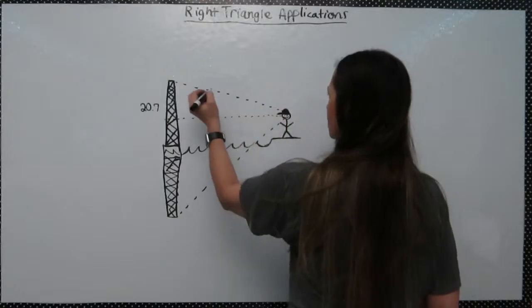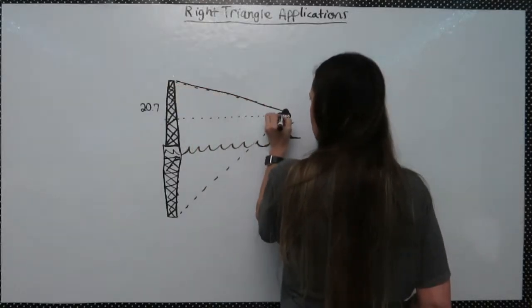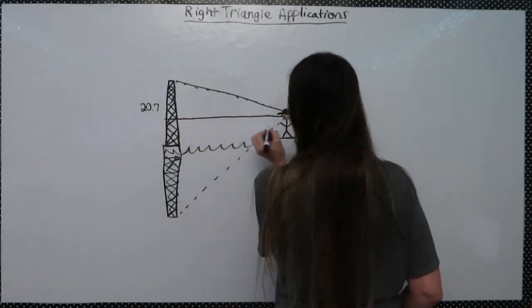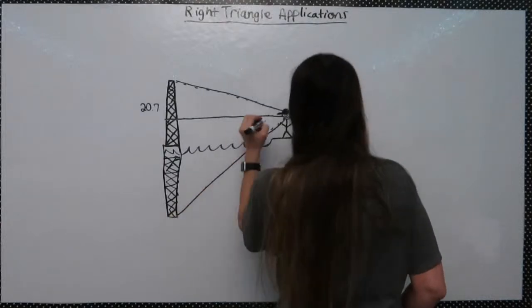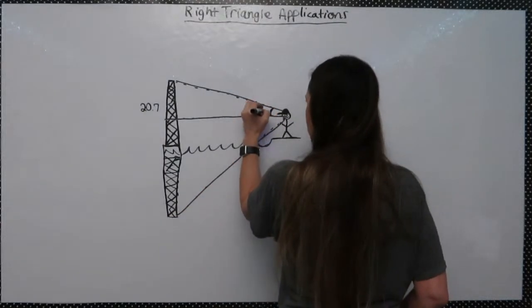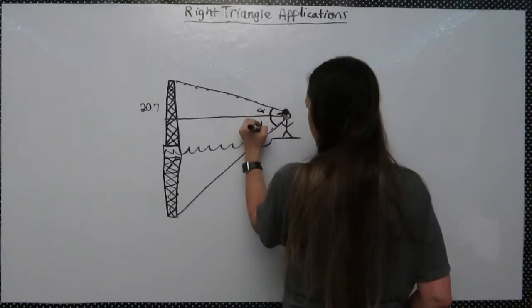I'm going to go ahead and draw these out. Here's my triangle here, and then I also have a triangle here. And I have these angles. It's giving me the angle of elevation, we'll label that alpha. And then it's giving me an angle of depression, and I'm going to label that beta.